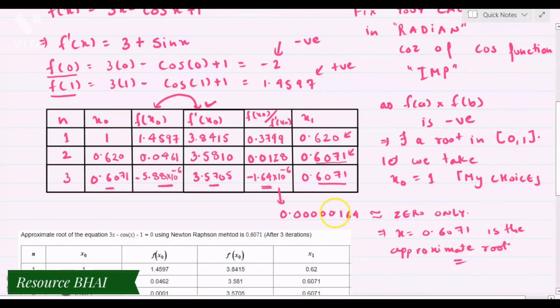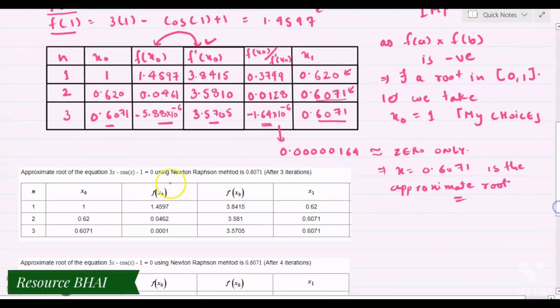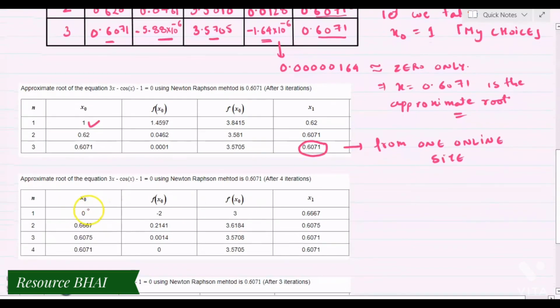Now I have done some research for you so that you don't commit mistakes in your exam. I solved it from an online site, and this is the value I get if I start from 1. They are also using a different table, but the solution is the same that we have got. Now this is when I start from 0, because I said that you can start from 0 also.